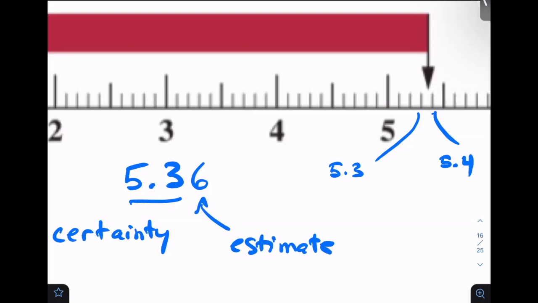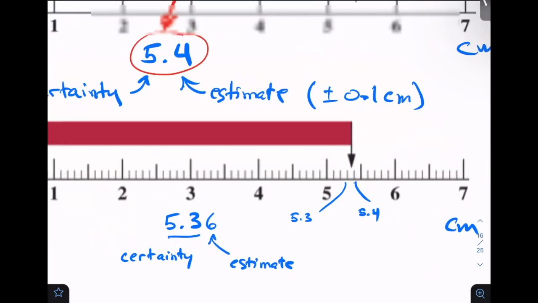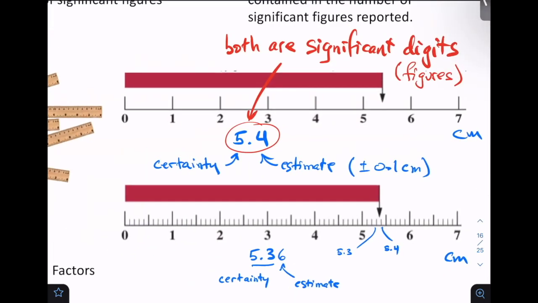And I can't go any more sensitive than that, right? But that estimate can only be made to one more sensitive decimal place, and that's it. For example, going back up to the top, we said it was 5.4 using that scale. You can't say that it's 5.45 or 5.46. The estimate can only be made to one more decimal place more sensitive than where your markings allow you to be. And that's only, and this is a subtlety, that's only when you have 10 markings between each point.